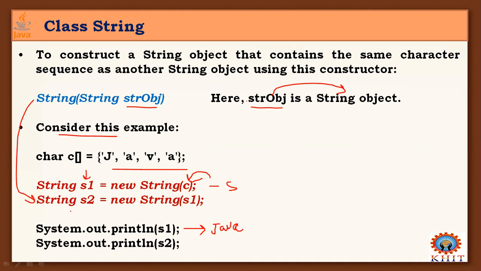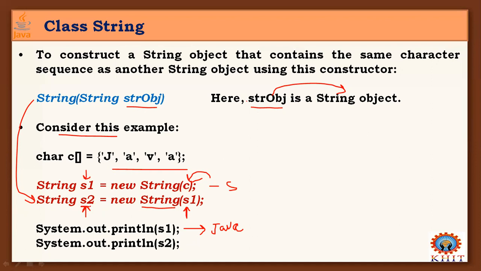I'm using another constructor to initialize another object, string object S2. Now I'm taking this constructor with another string object. So S1 is an already created string object. Now I'm using this S1 to initialize my S2 object of the string.